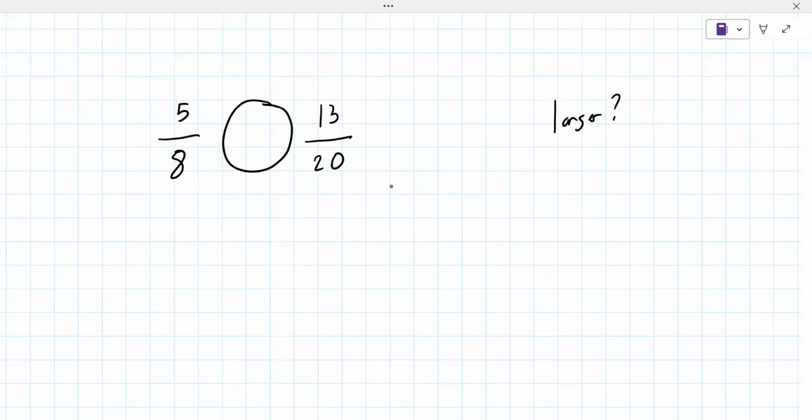Is it 5/8? Well, the question is how to figure it out, and really it's to do the whole LCM thing. Oh, okay.